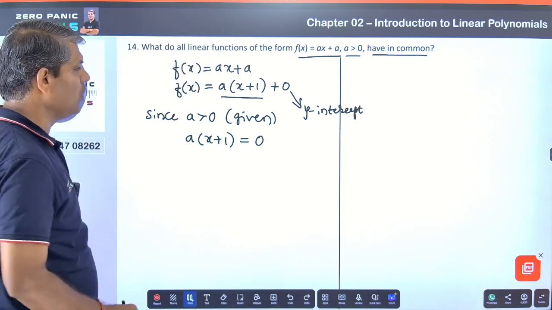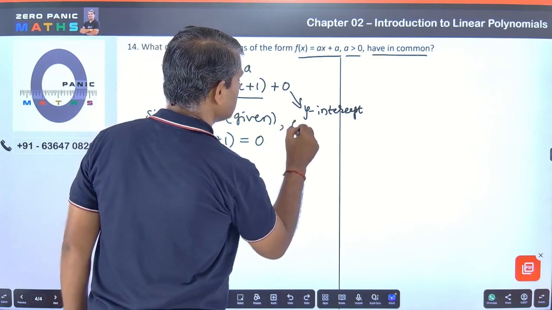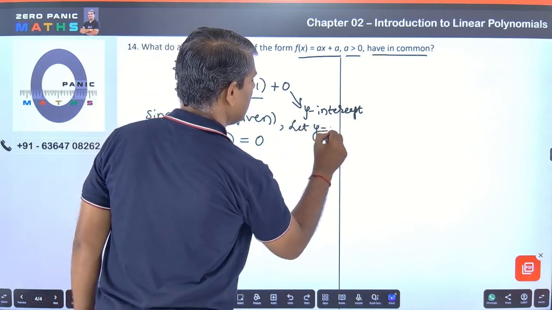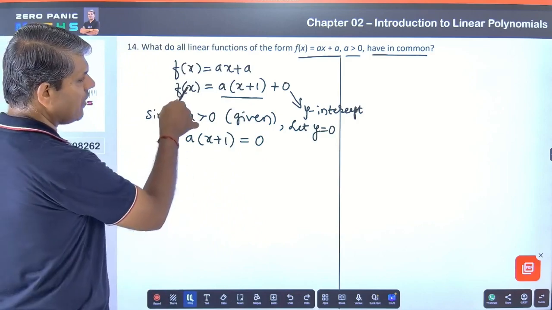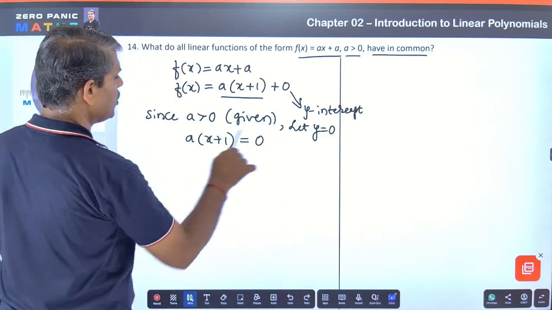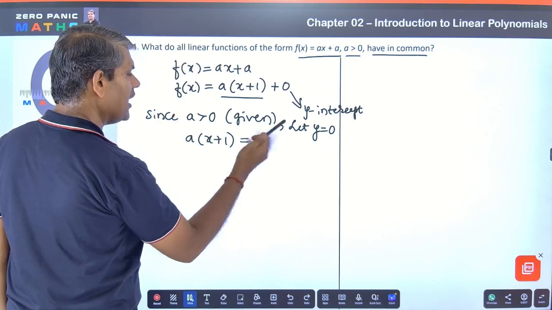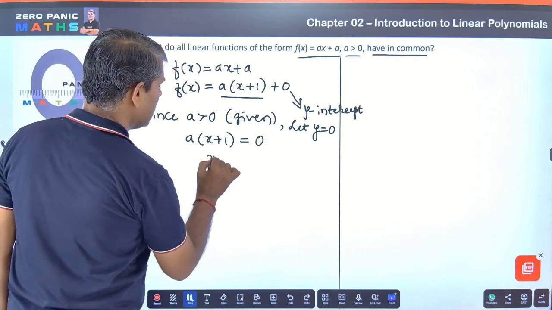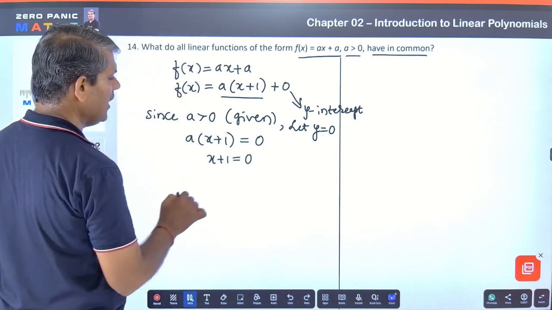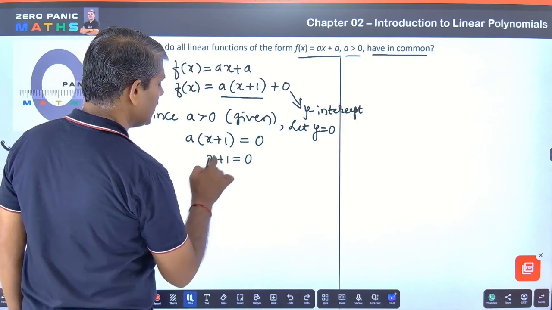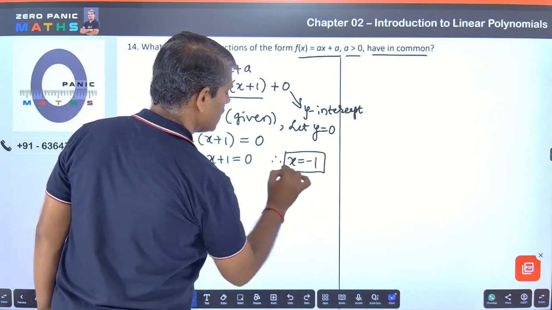I'm putting y is equal to 0, since y is nothing but f of x. Since a is greater than 0, I can take a to the right side, and it will become 0 only, and x plus 1 is equal to 0 by a. 0 by a is equal to 0, that is x is equal to minus 1.